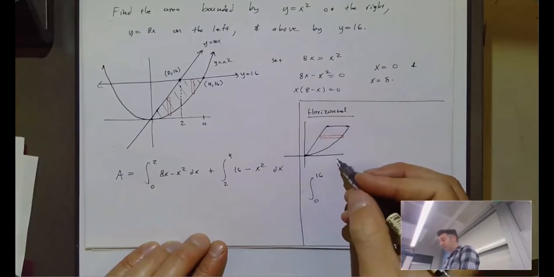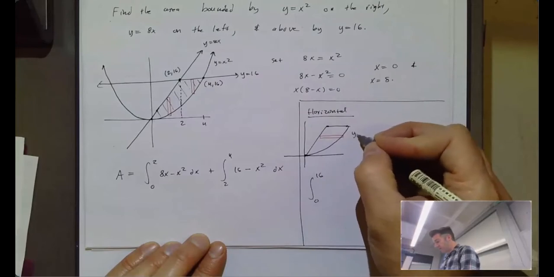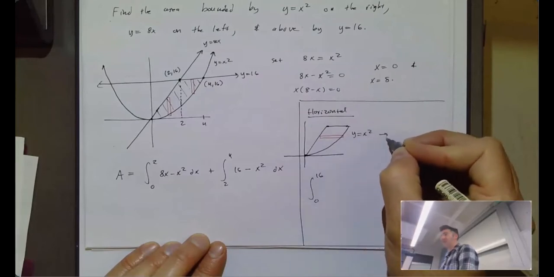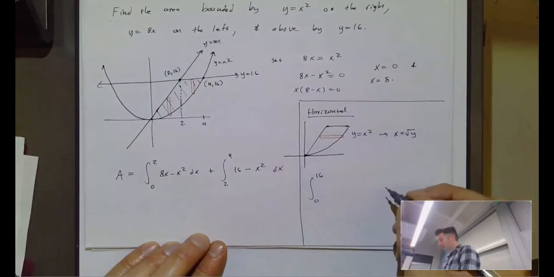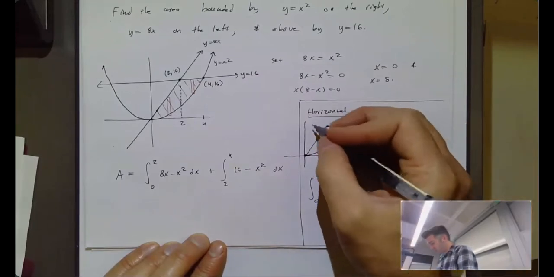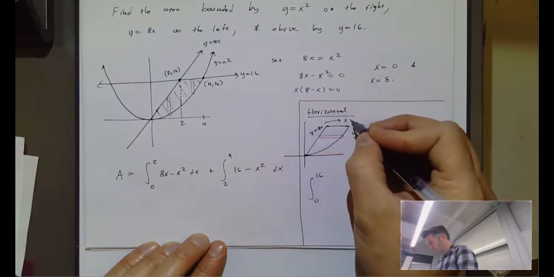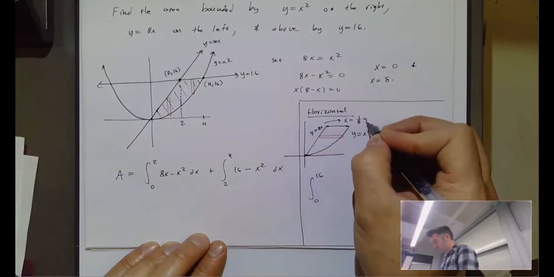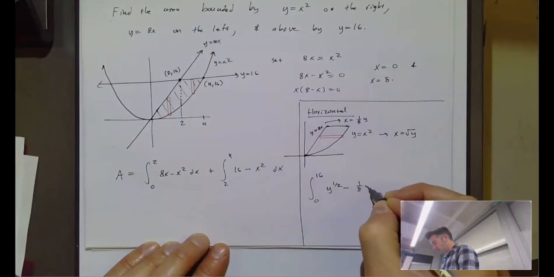And then instead of doing top minus bottom, I'm going to be doing right minus left. Well, my right-hand function, if I solve for x, becomes x equal to the square root of y. And my left-hand function, which was y equal to 8x, if I solve for x, I get x equal to 1/8 y. So it's going to be the square root of y minus 1/8 y.